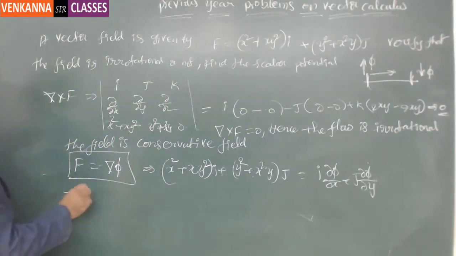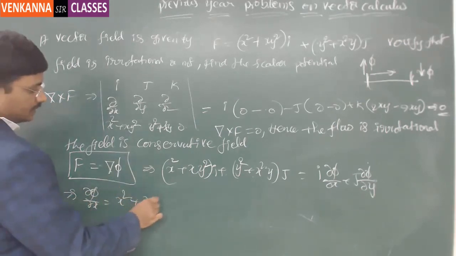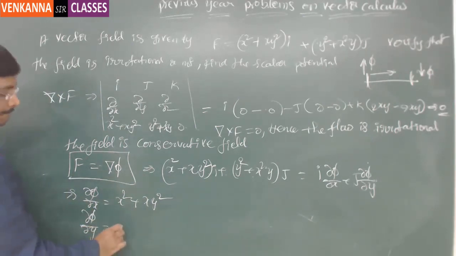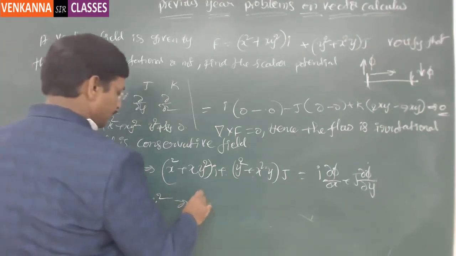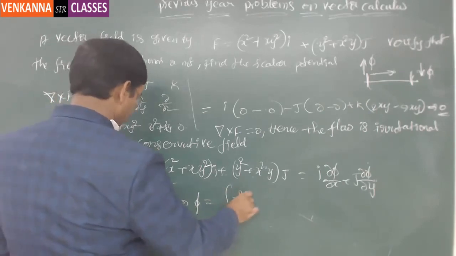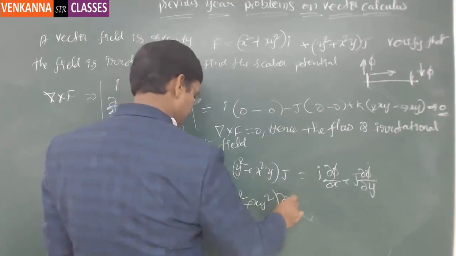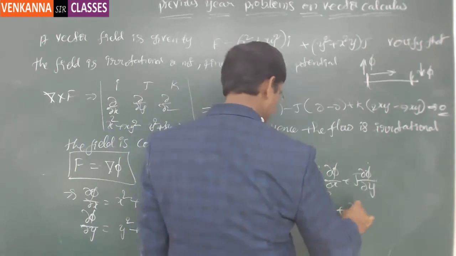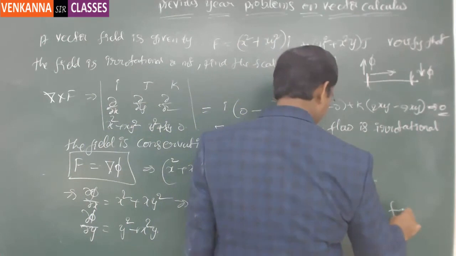So dou phi by dou x is equal to x square plus xy square, and dou phi by dou y is y square plus x square y. If you integrate, phi is equal to the integral of x square plus xy square dou x, which is x cube by 3 plus x square y square by 2 plus some function of y.